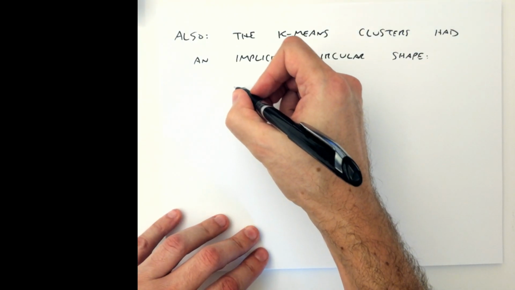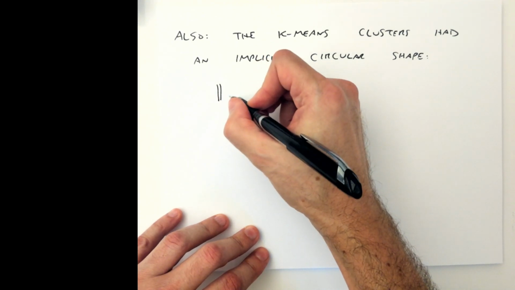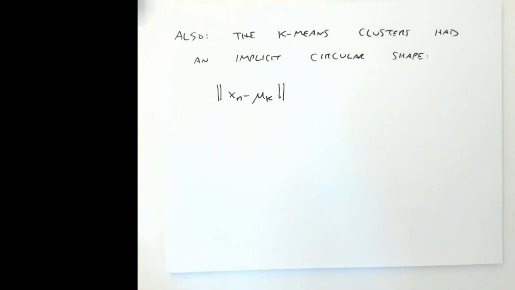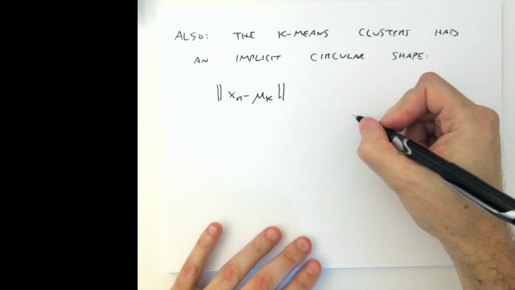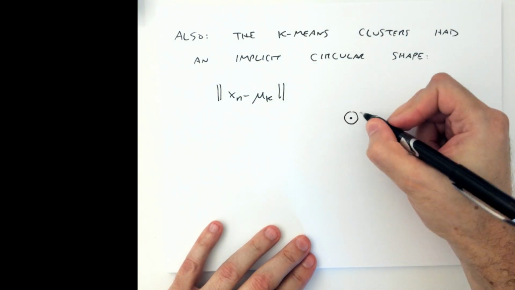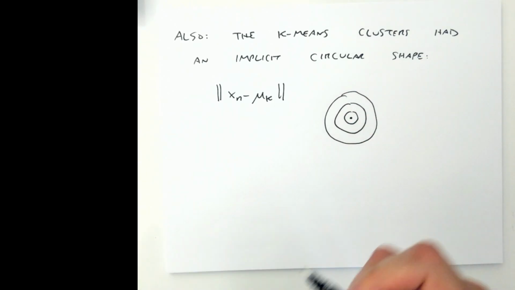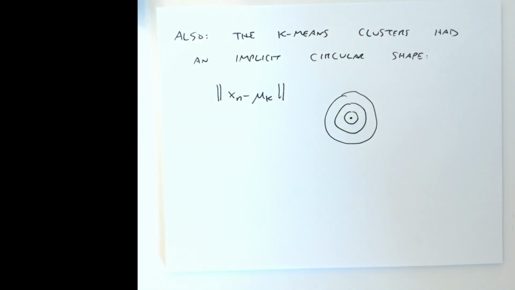Meaning that when I talk about this distance, like xn minus mu k, that's like saying I'm looking at the Euclidean distance where I don't care, all the points on this circle have the same Euclidean distance, right? So the distances that I'm measuring in the d-dimensional space are all what you call isotropic, right? I don't care about direction.